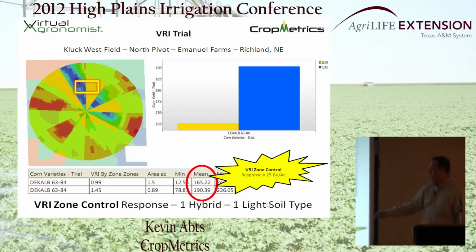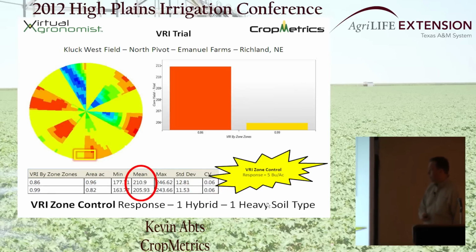We kept our flat rate application of 1 inch, again going with the traditional, I put an inch of water on my corn, and then we let the software determine what the actual application should be in this lighter soil type. Now the software increased the water application in this particular case. And the net result of that response here was 25 bushel per acre within, again, same soil type, VRI zone control versus flat rate, same hybrid.